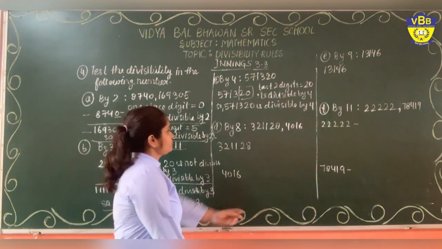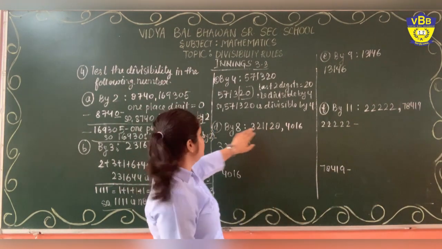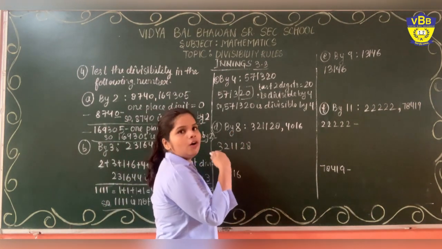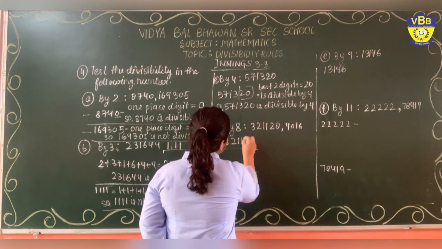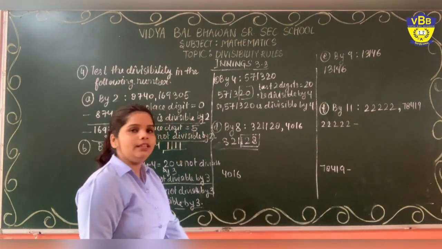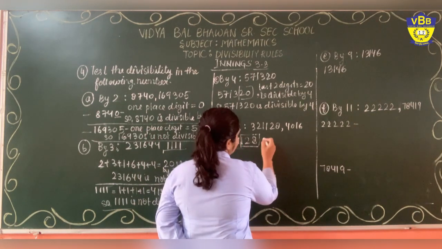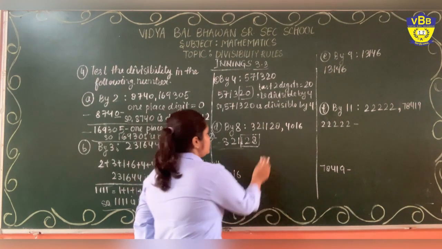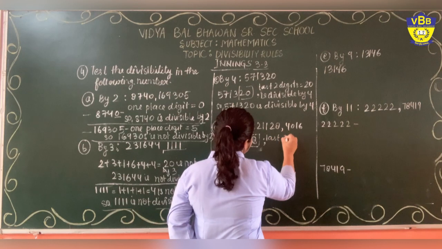Next one, 321128. Check if it is divisible by 8. For divisibility by 8, we need to check the last 3 digits. Last 3 digits of this number is 128. 128 is divisible by 8. You can check by dividing 128 by 8.